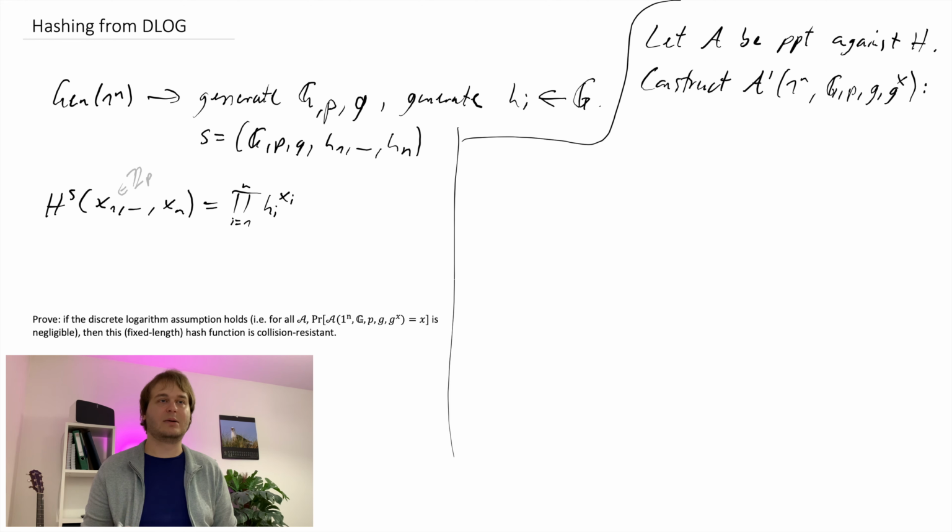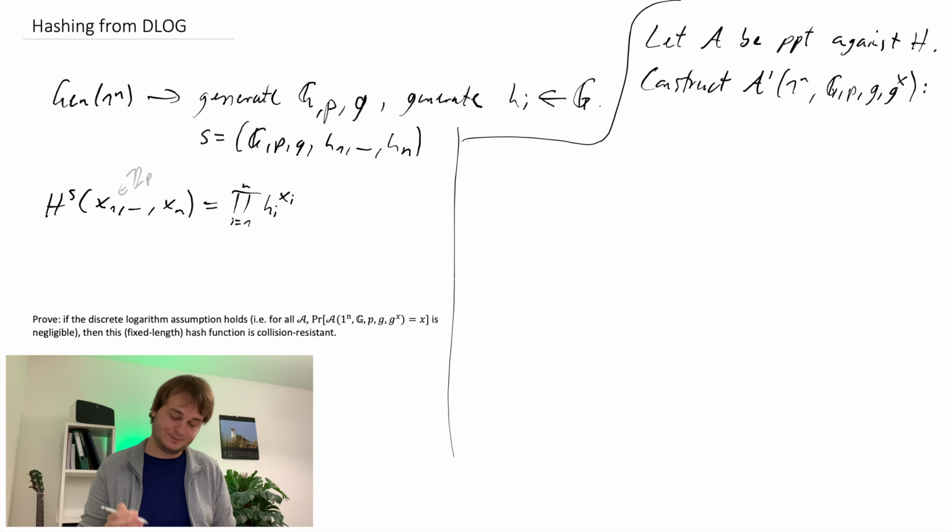So A' needs to come up with a good hash key. And now the idea will be that A', its interest is in finding x given g^x. So finding the discrete logarithm of g^x. And so what it will do is it will sneak in this g^x into one of these h_i. And then choose all of the other h_i in a way that will later help us compute stuff.